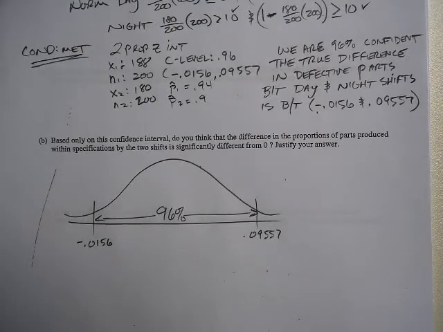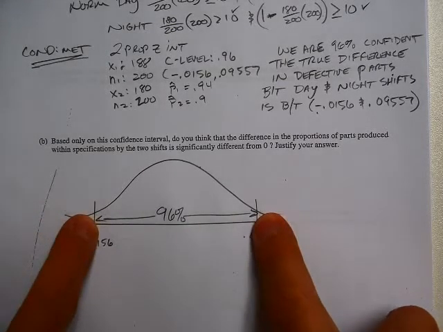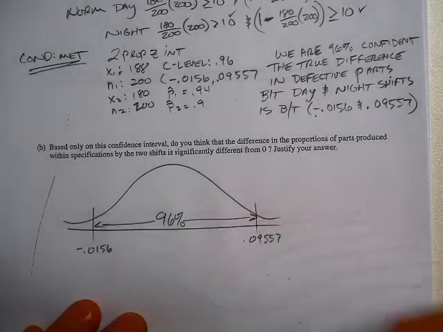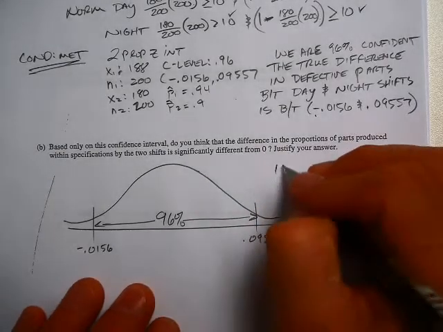Where is 0? 0 is in the confidence interval, so 0 indicating that there is no difference between the two shifts.